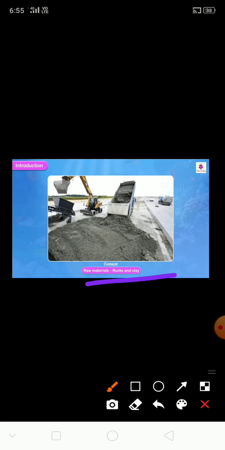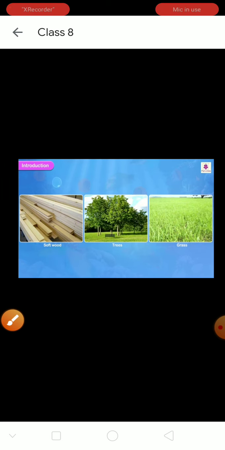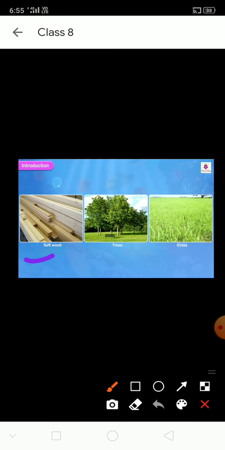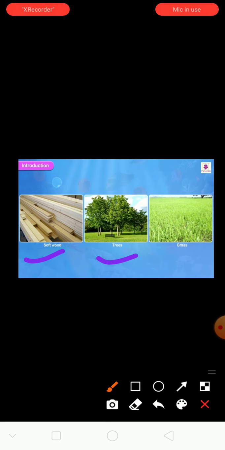Okay. And see here in the next picture, softwood, trees and grass are used for man-made products. So these all are natural resources.